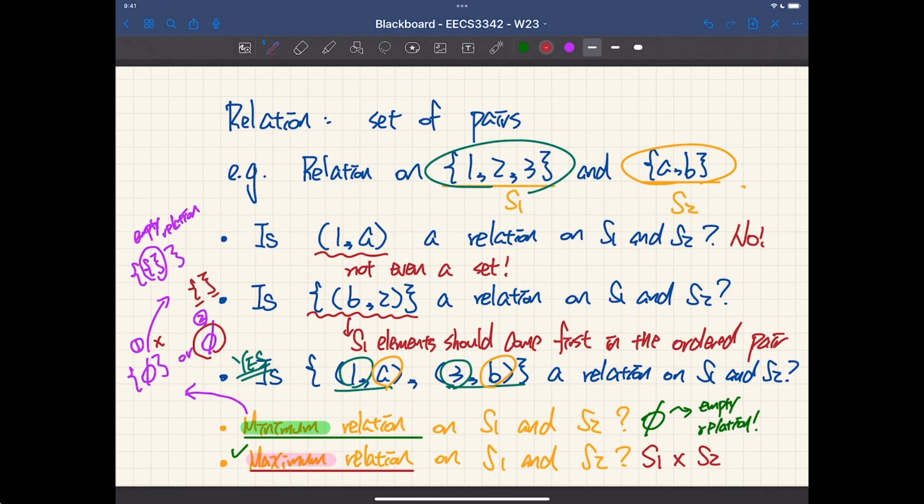Question? Yes? Sorry, can you say that again? I didn't quite catch you. Empty set? You mean, are you talking about the empty relation, or S1 or S2 being empty? Okay. Empty set, comma, empty set.